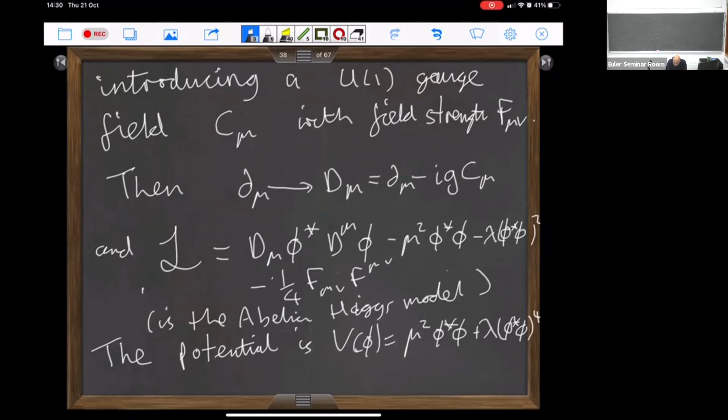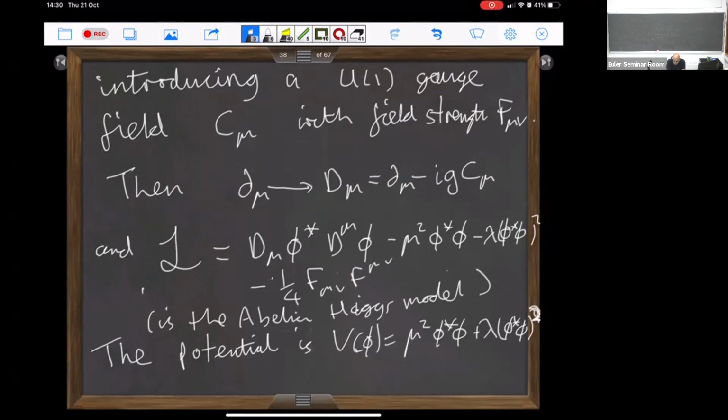Sorry, there's a mistake here. It's phi star squared. It's dominated by this quartic term, phi star squared, for large values of phi, and you don't want that to be negative. We need that to be positive in order to have a stable system.